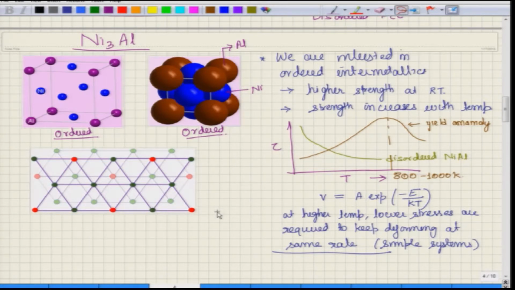So, let me now come to this system. Now you know that this is not really a FCC system, but what we call L12, and not a FCC structure. Okay. So, having said that, if it is not an FCC structure, what is the slip system?